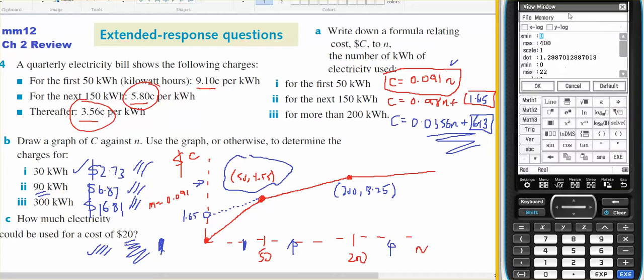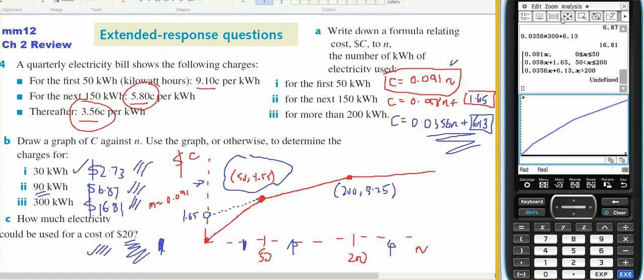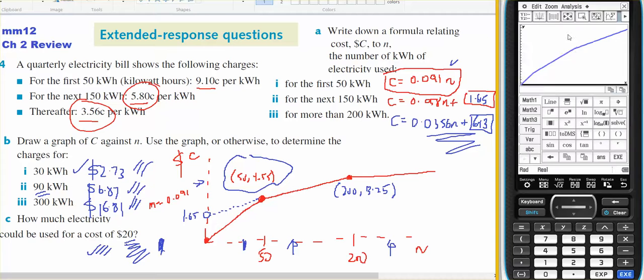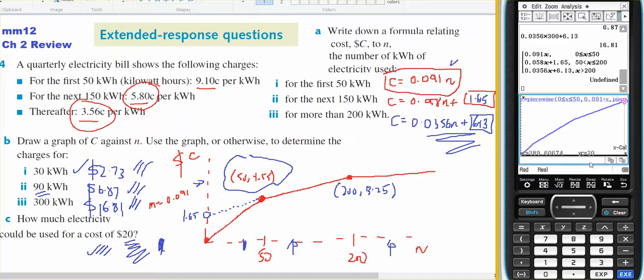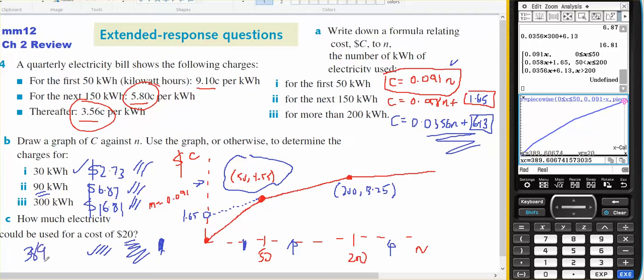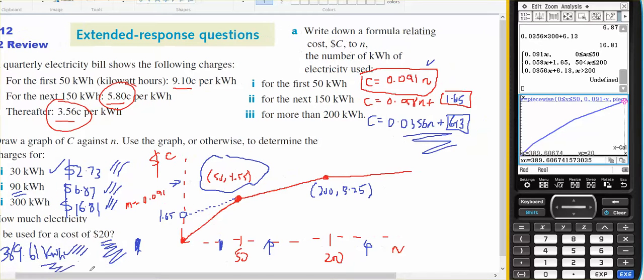And now I do analysis, G-solve, x calc when y equals 20. Now the problem was I wasn't high enough on my graph, and it tells me that x equals 389.6, so I would need to use 389.61 kilowatt hours of electricity to get a bill of $20.